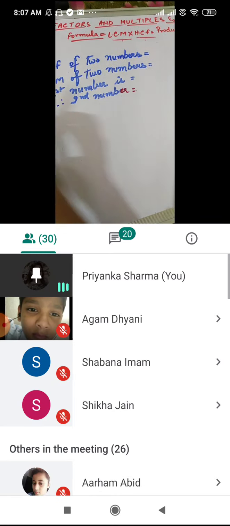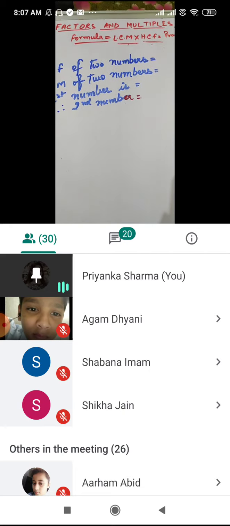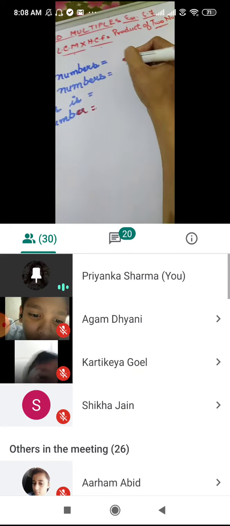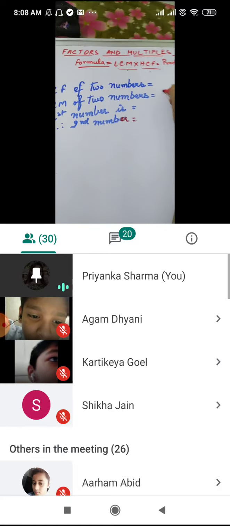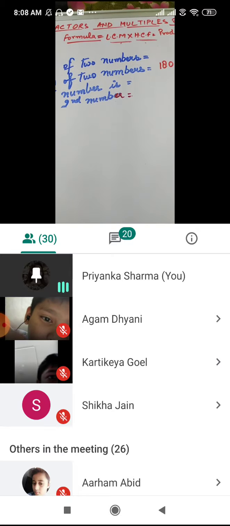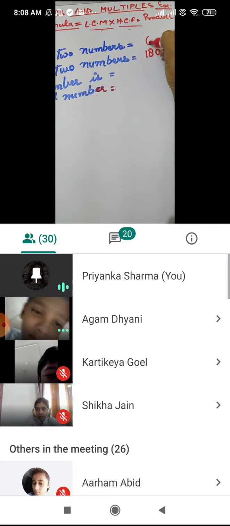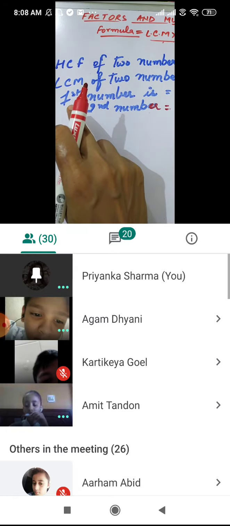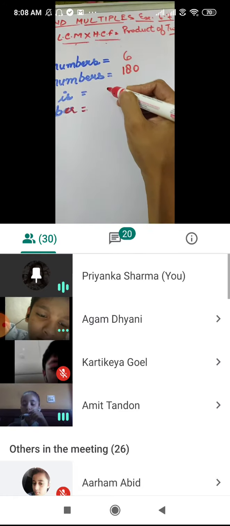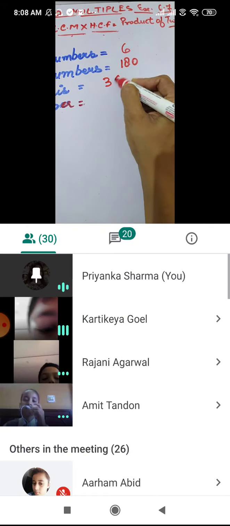How much is the LCM given to us in question number 3? Yes, in place of LCM, we are going to write 180. Then in place of HCF, we are going to write 6. Then in place of the first number, we are going to write 36.